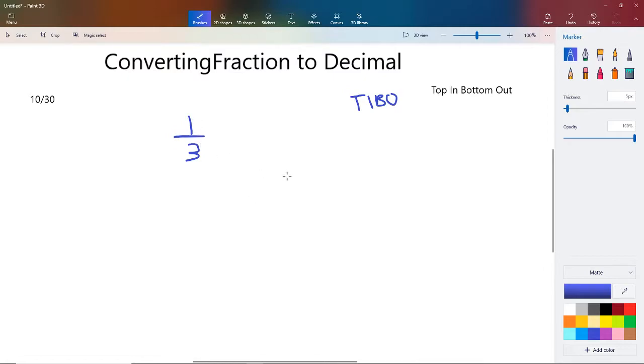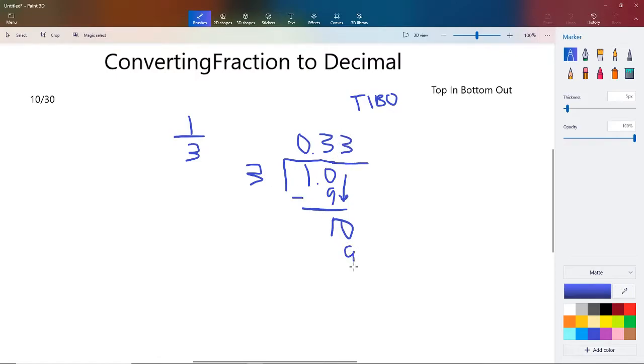We simplified it. Now we need to use TIBO on this fraction. 1 over 3. We use TIBO, so we know divide. Top number goes in, bottom number goes out, and now we divide. 3 cannot go into 1. It's too big. How many times can 3 go into 10? 3, 6, 9. You can go into it 3 times. 3 times 3 is 9. Subtract.